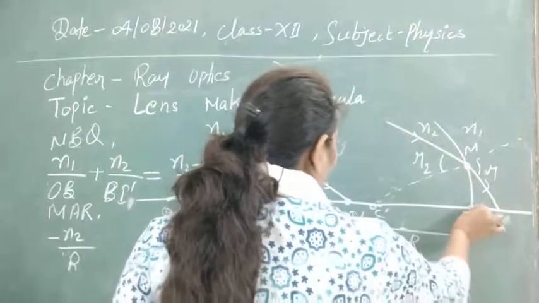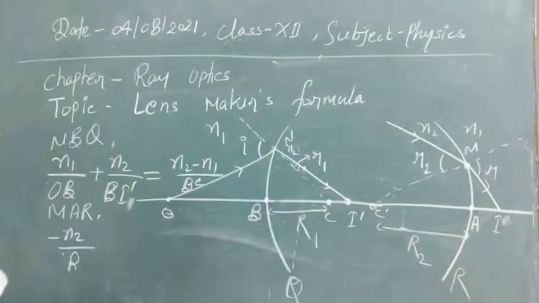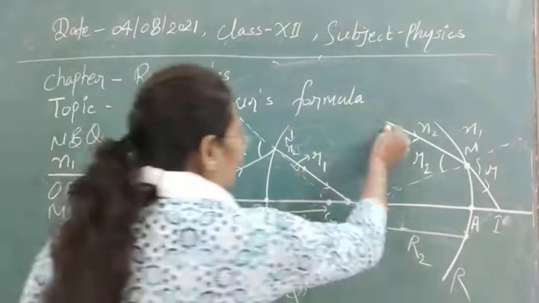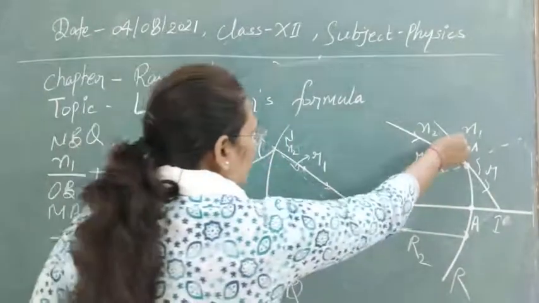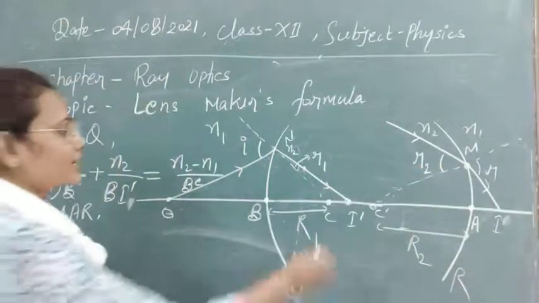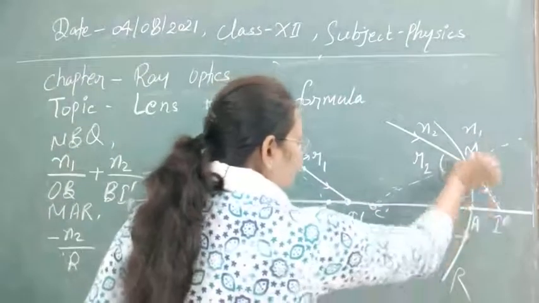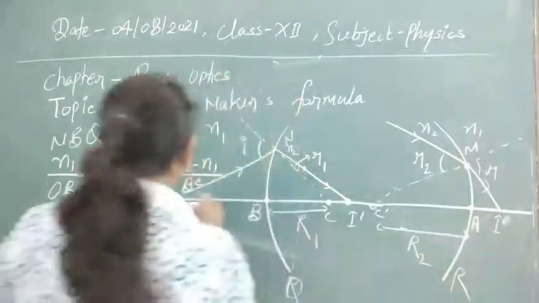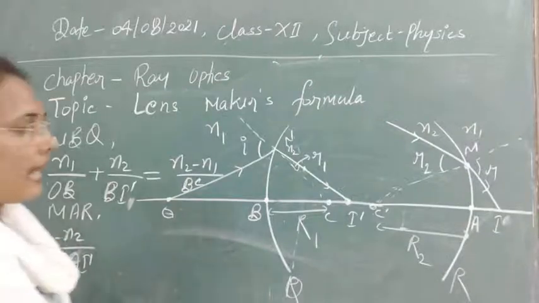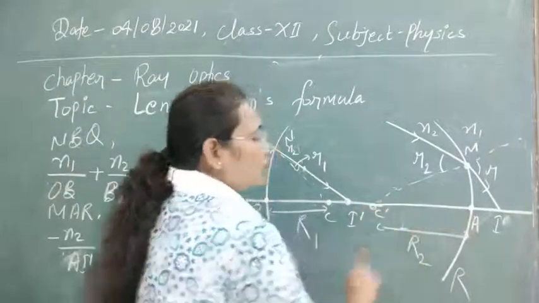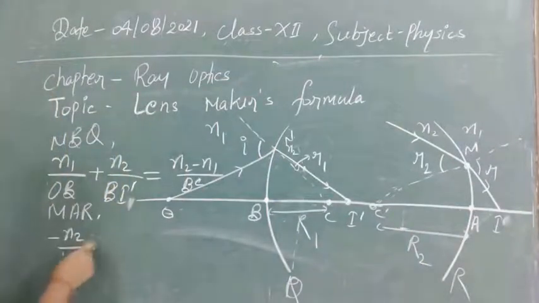As we are going to measure all the distances from here, U will be the object, suppose we consider it as I dash, the object for the second surface. So this object is at a distance from the second refracting surface, from this point A. So we can write here AI dash. I think it is now clear why this is minus, as all this distance is on the left side. So this is minus N2 upon AI dash.